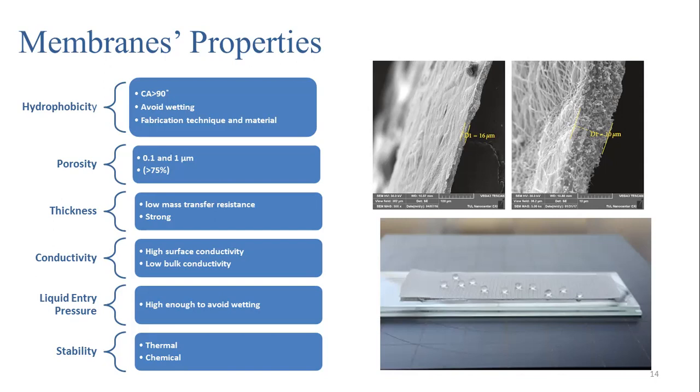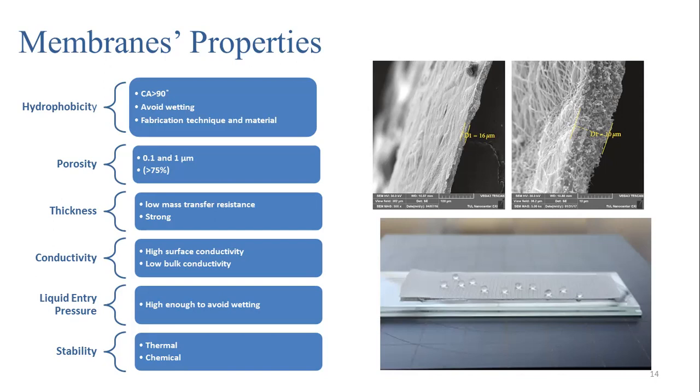Liquid entry pressure is linked to hydrophobicity. It should not allow the liquid to pass through it. So it should be high enough to avoid wetting, but not so high as to prevent water vapor from entering.